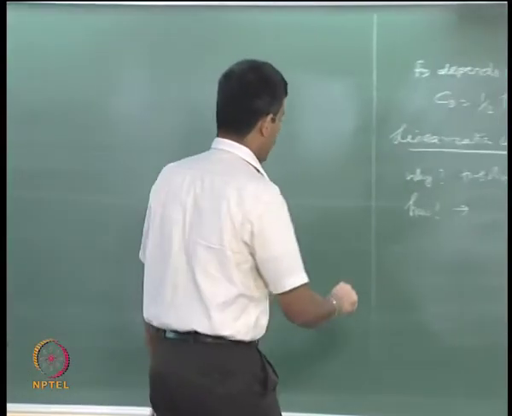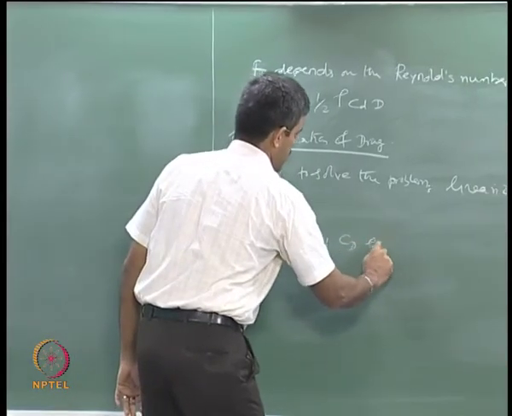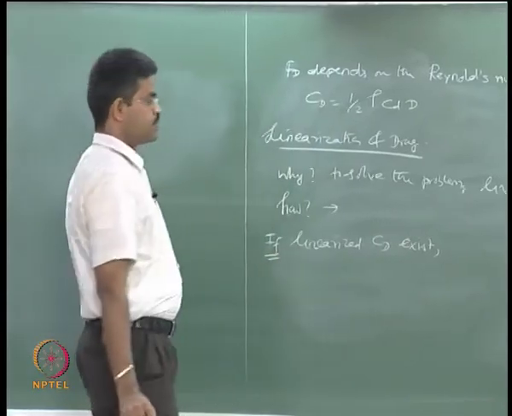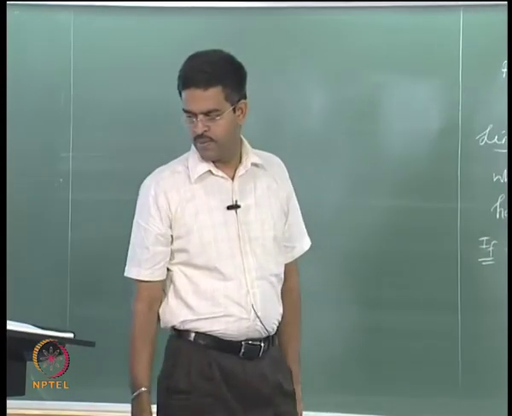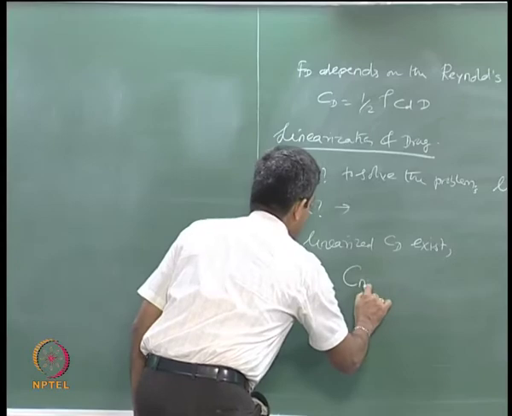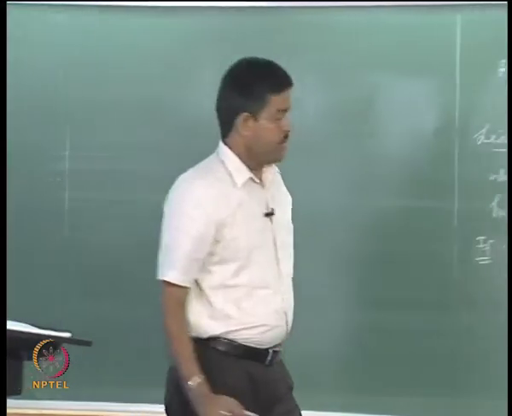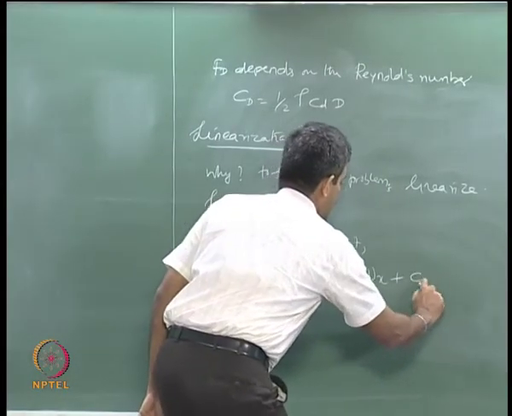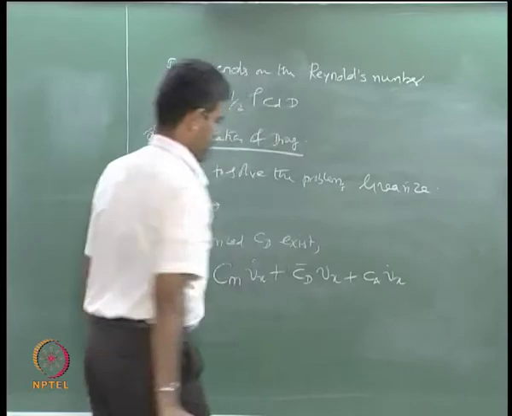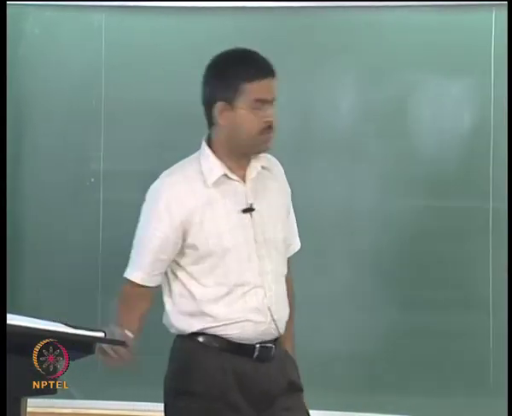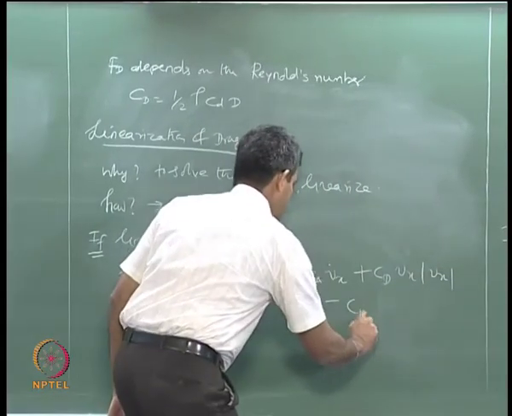So, let us say for example, if a linearized drag coefficient exists, then the force vector now can be given as Cm Vx dot plus Cd bar Vx plus Ca Vx, this acceleration, plus Cd of Vx absolute Vx minus Cd bar Vx.